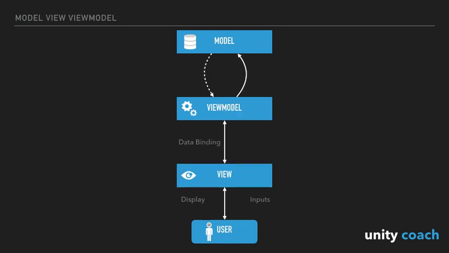Now there are a few other patterns that are very similar to that model view controller pattern, such as the model view model, where what you can see here is that there's a different layer of abstraction between the model and the view, where you have a view model.